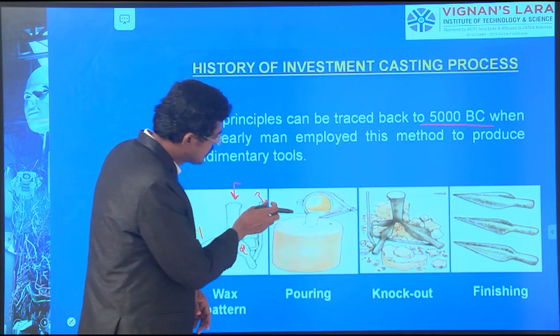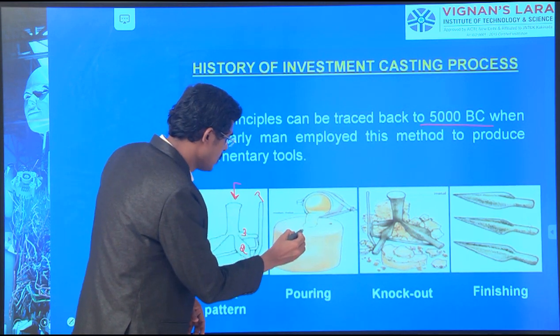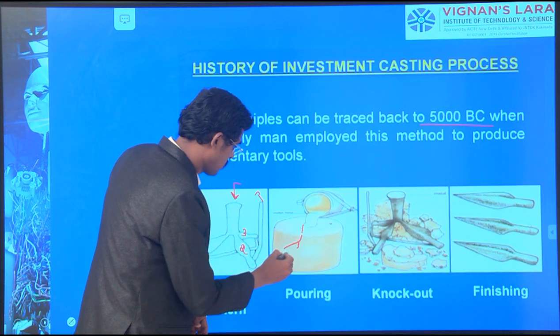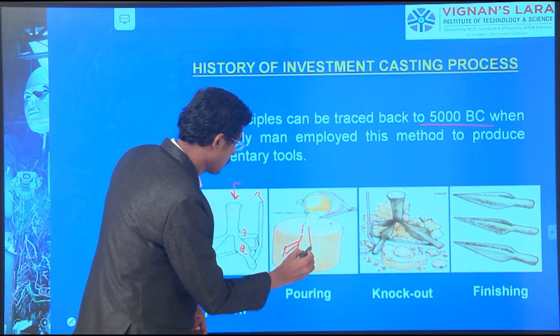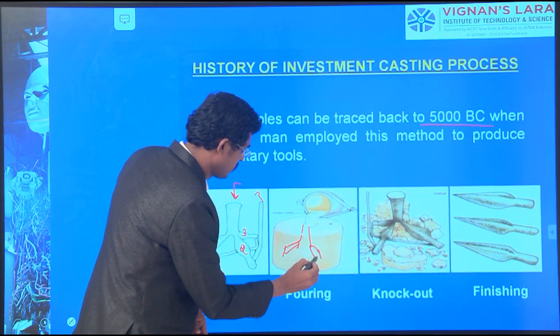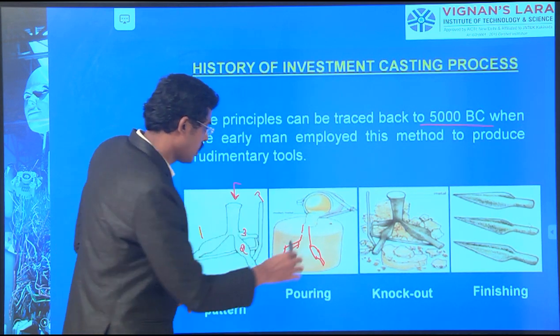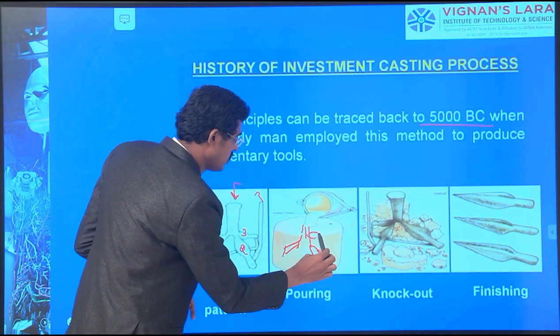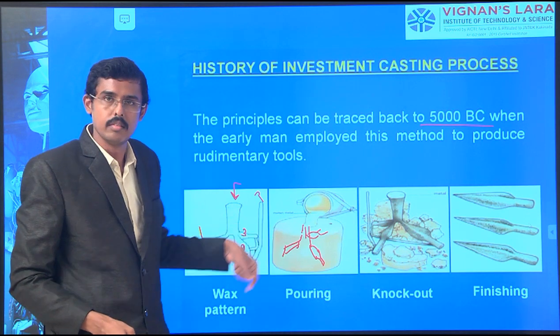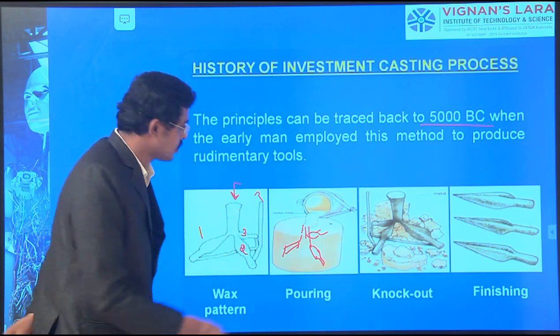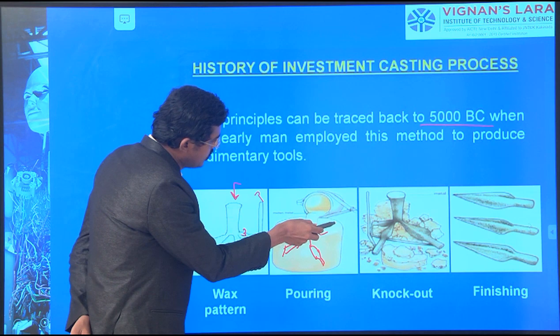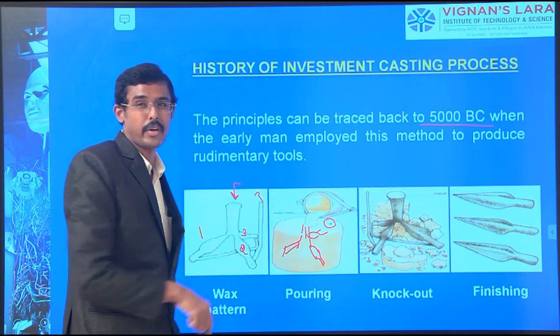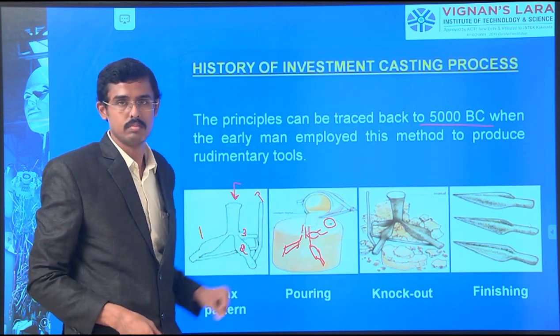At the center the wax is there, and similarly 3 guides are inside. Then I pour, and this point is the indicator point. After filling, it comes out.